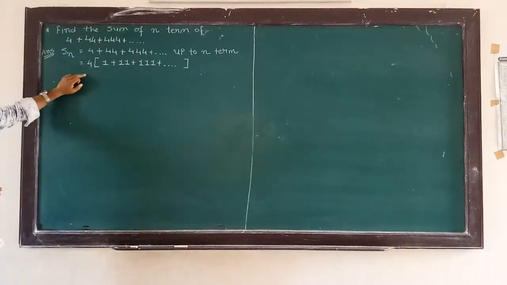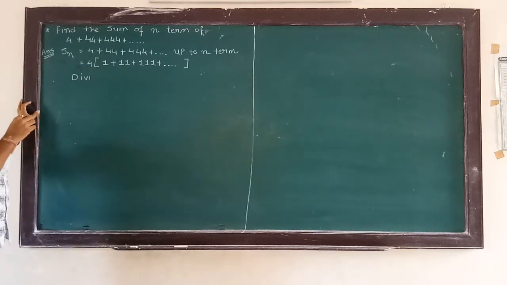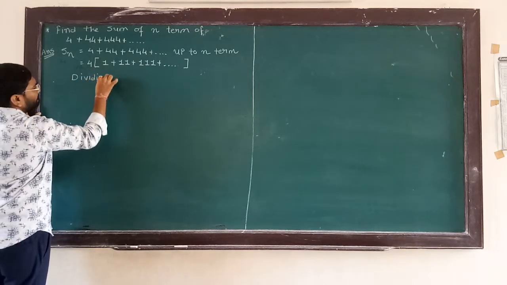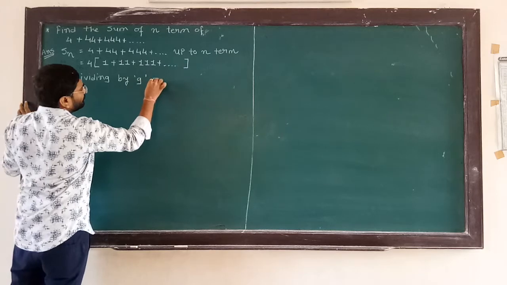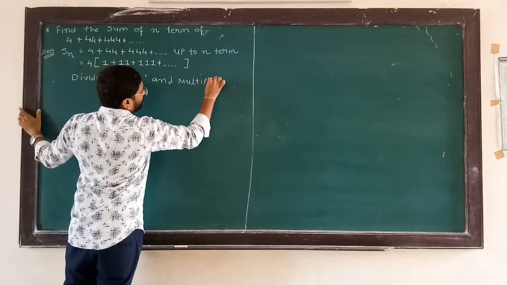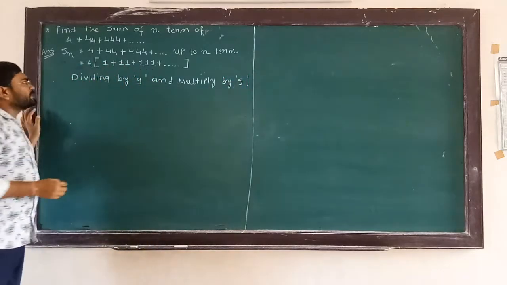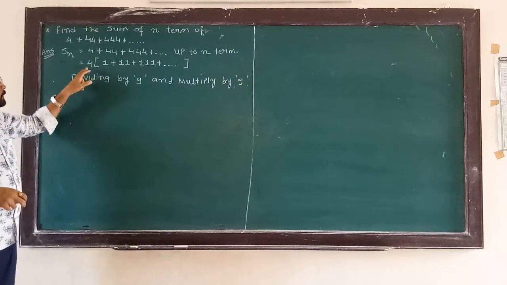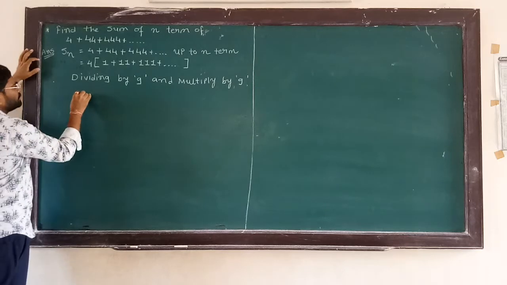Now in the third step we are doing one multiplication and division. Here we multiply by 9 and divide by 9. So students, in the bracket we multiply by 9 and divide by 9.